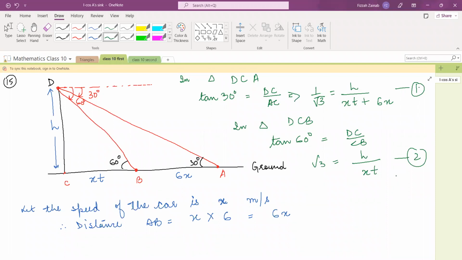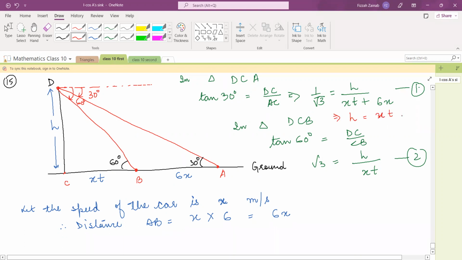So from here, you find your H. This gives you H is equal to XT plus 6X divided by under root 3. And from equation number 2, this will give you H is equal to XT into under root 3. Give it some name, 3 and 4. So equating 3 and 4 now.